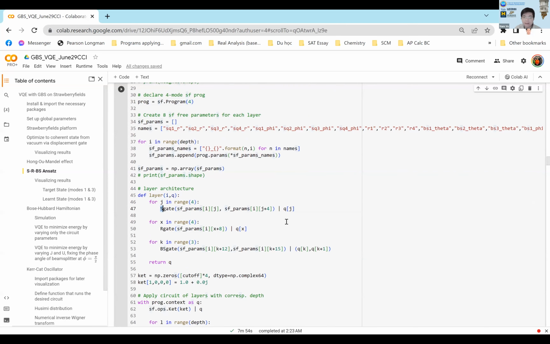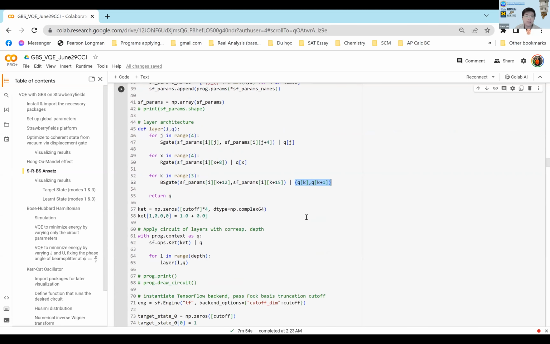So here I apply beam splitter gates, a squeezing gate for each mode, then a single mode rotation gate, and then beam splitter gates between the first and the second mode, the second and third mode, and the third and the fourth mode. And this is the input state.